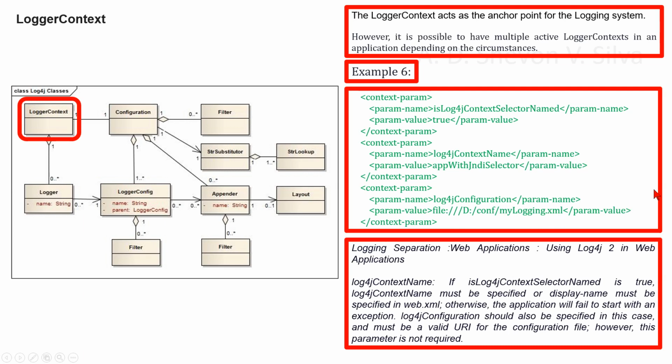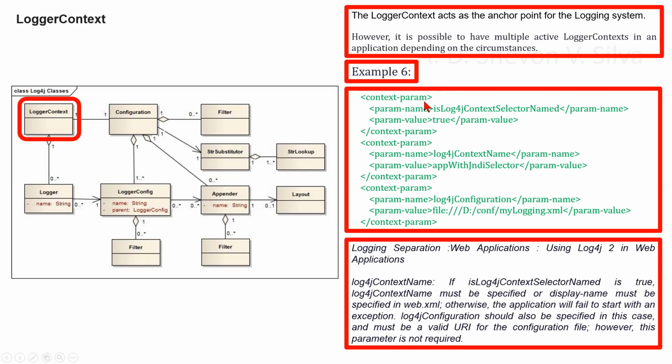By default, Log4j 2 uses the servlet context name as the LoggerContext name and uses the standard pattern for locating the Log4j configuration file. There are 3 context parameters that you can use to control this behavior.